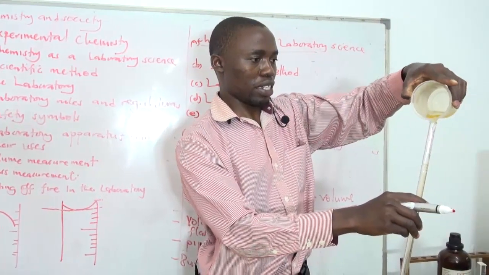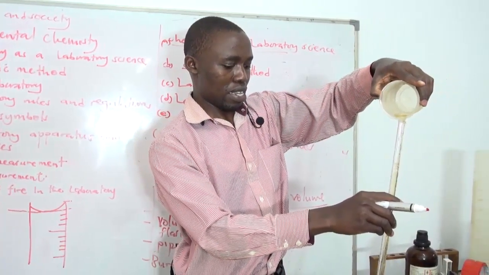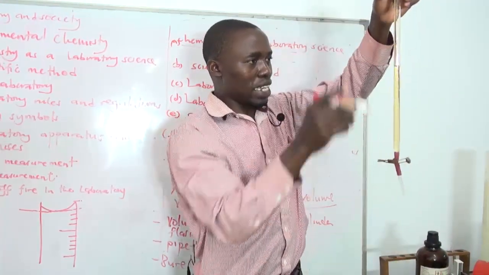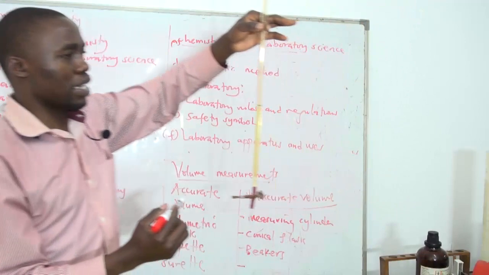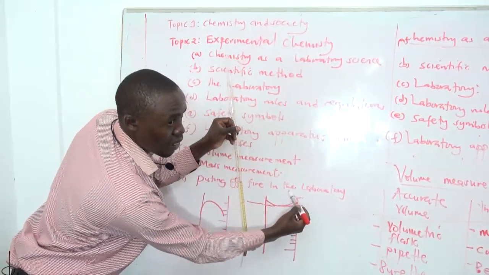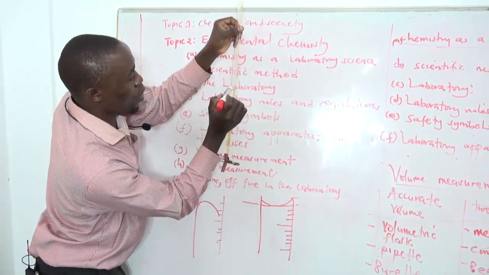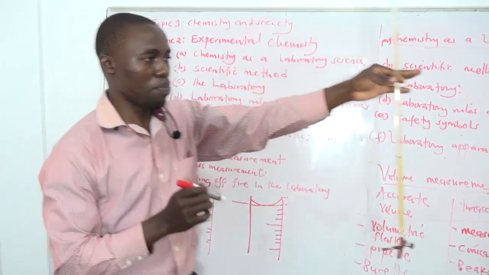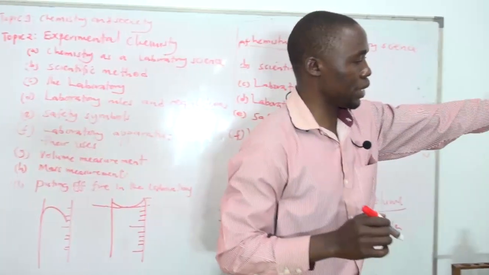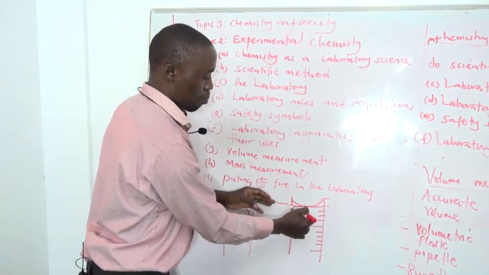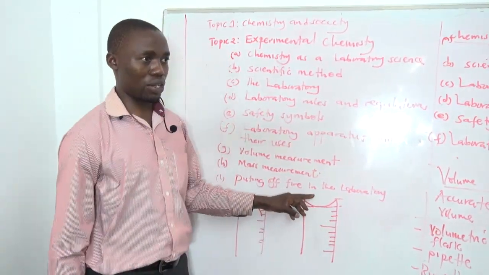I'm demonstrating this very fast because of time. My liquid has ended here, but you can see there is a curve. You don't look at the upper part, but at the bottom of the liquid. Pass it around, look at that lower meniscus. That bottom is what we consider, not the upper.